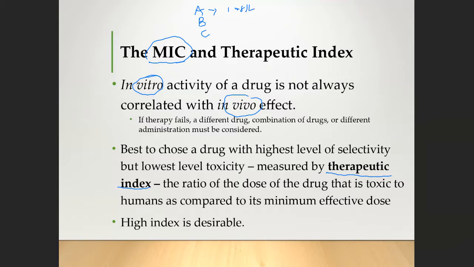When we test B, it's also 1 milligram per liter, and C also 1 milligram per liter. So this is the MIC. And then we also perform toxicity tests on the human body.